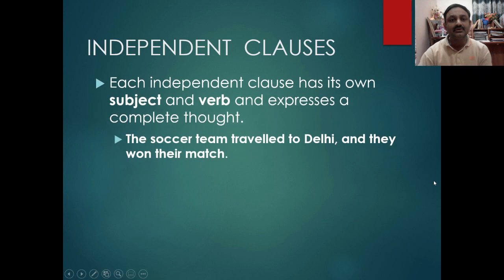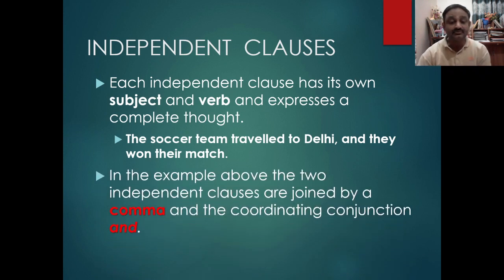In an independent clause, each independent clause has its own subject and verb and expresses a complete thought, as we have discussed earlier. For example, the soccer team traveled to Delhi and they won their match. What this example shows, in the example above, are two independent clauses.